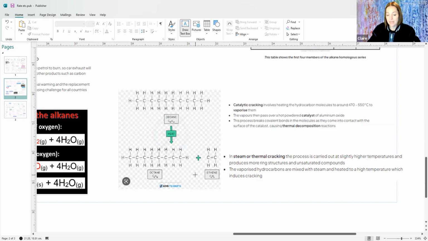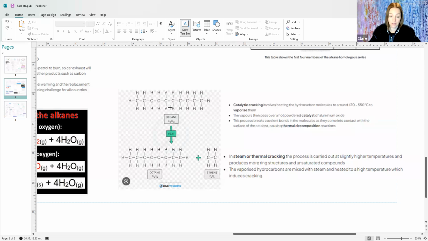You can't predict the size of the cracking. Here we've got 8 and 2, but you could have 6 and 4, or 7 and 3. It doesn't matter. When they ask what the products are of a decane, you can have any number of combinations, even 3 different products, as long as they all add up to the same number as the decane.